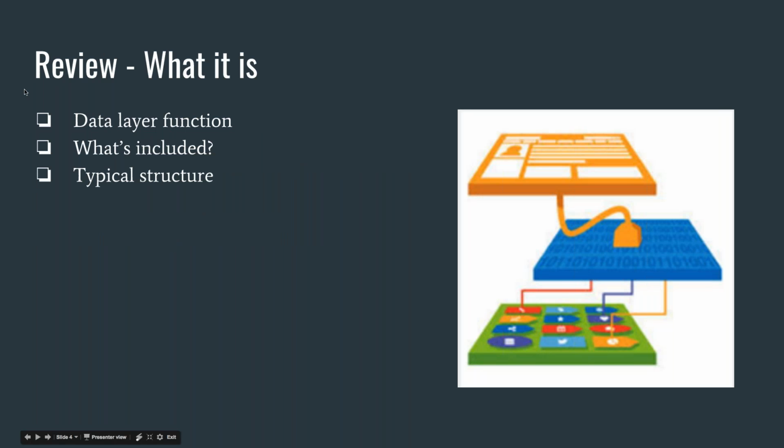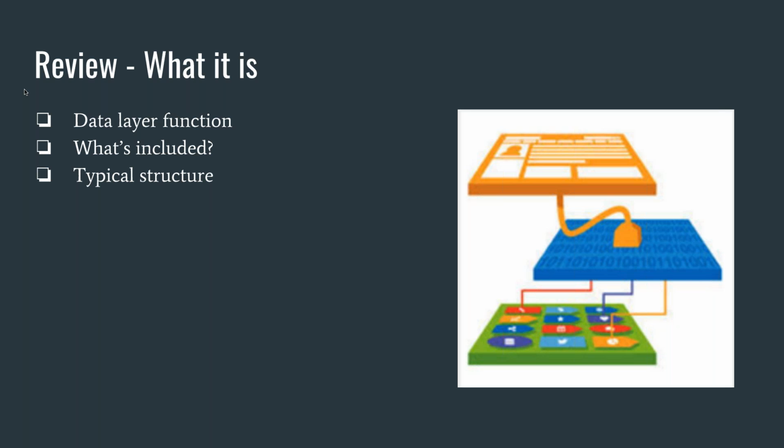So first, just a quick review of the data layer. What it is, obviously, is a place to house all of the information. It sits between your backend system and the front end and allows you to organize and hold data from the back end.